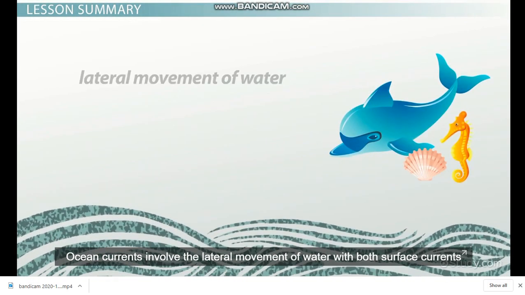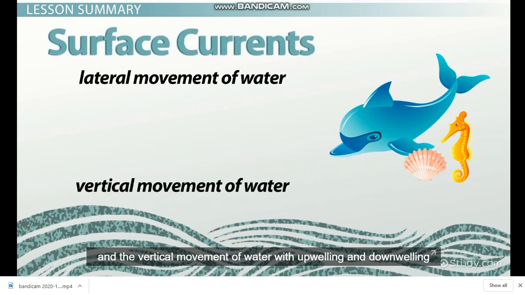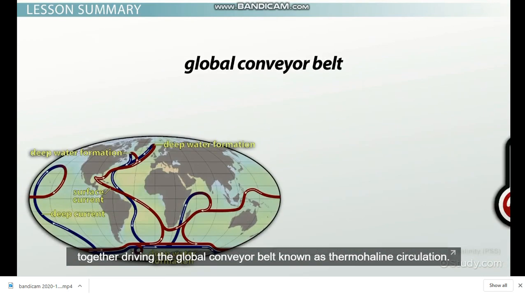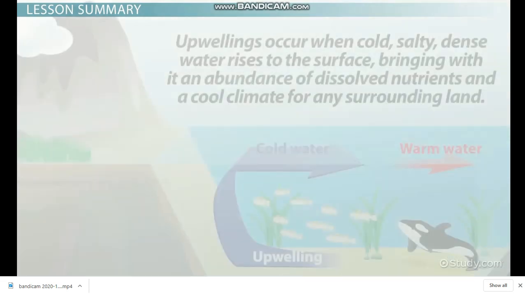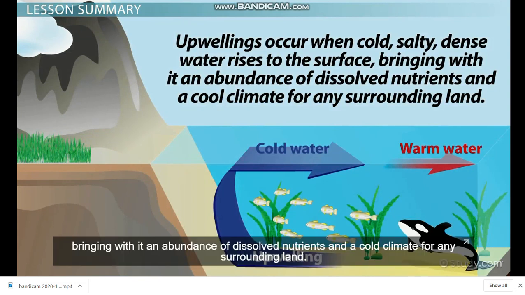Ocean currents involve the lateral movement of water, with surface currents, and the vertical movement of water, with upwelling and downwelling, together driving the global conveyor belt known as thermohaline circulation. Upwellings occur when cold, salty, dense water rises to the surface, bringing with it an abundance of dissolved nutrients, and a cold climate for any surrounding land.